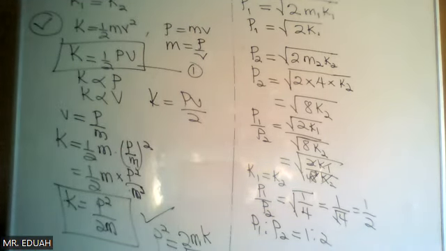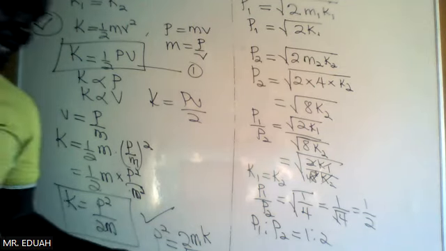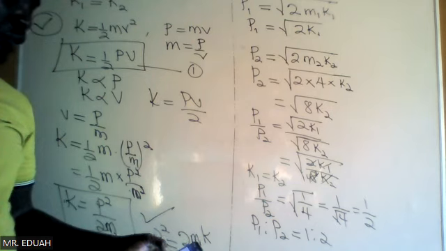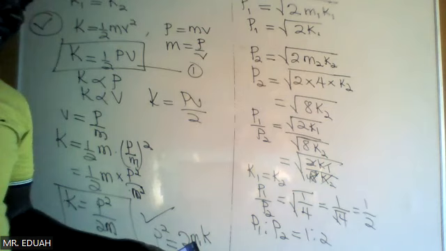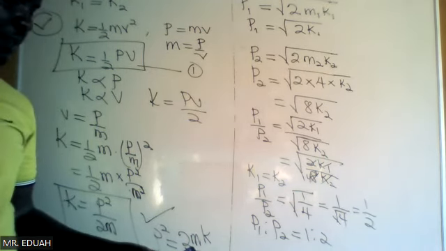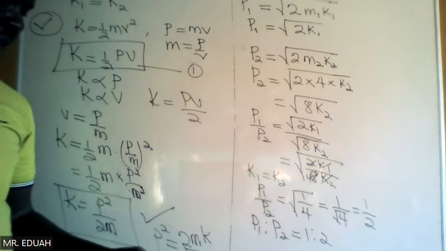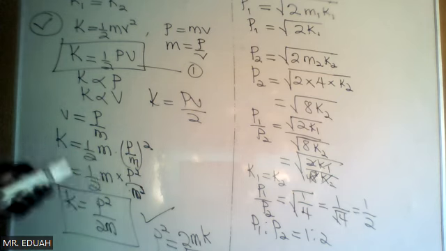All right. Then the second question. A bullet of mass 10 grams hits a target and penetrates 2 centimeters into it. If the average resistance offered by the target is 100, then the velocity with which the bullet hits the target is, so we are looking for the initial velocity.